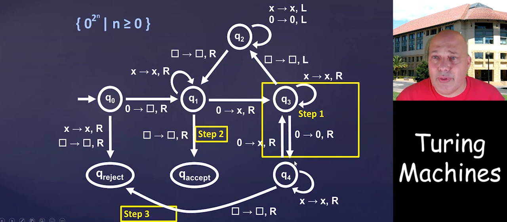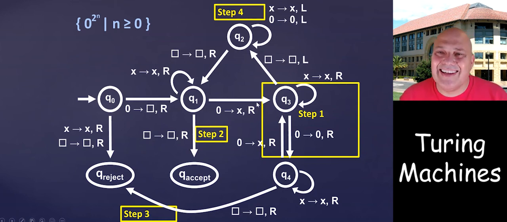So this is step 3. This is the case when you see an odd number of zeros. And that's step 4, which by now I forgot what it is.